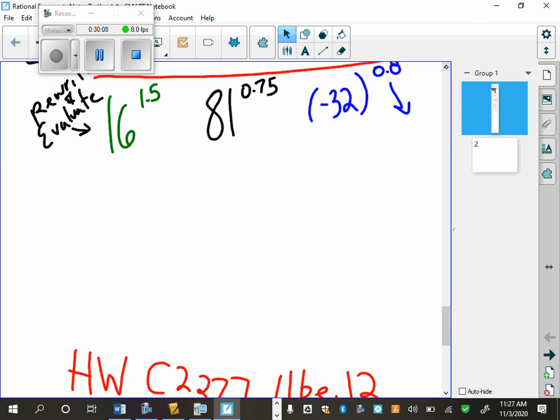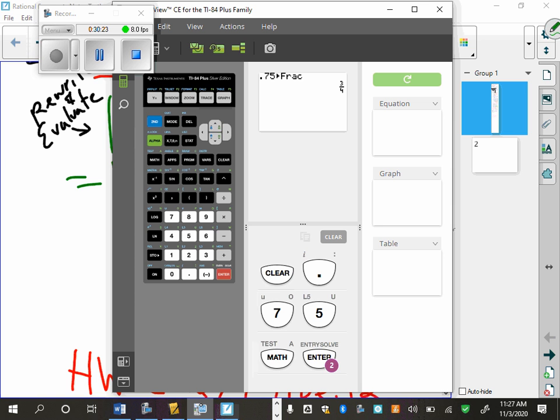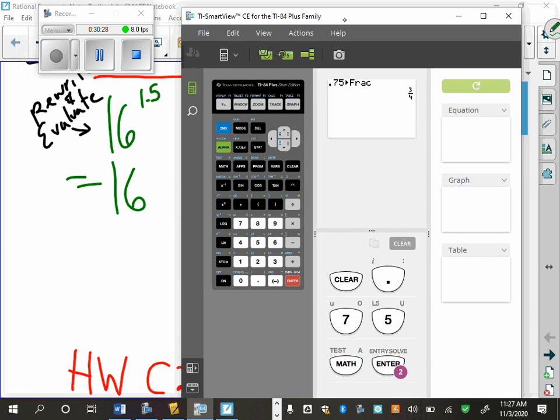I remember this because we talked about decimal exponents, but what if you don't know what fraction 1.5 is or decimal 8? Do you have anything on your calculator that's going to help you? Yes. So you go to your calculator. That's the one Jade did. We have one exponent, 1.5.